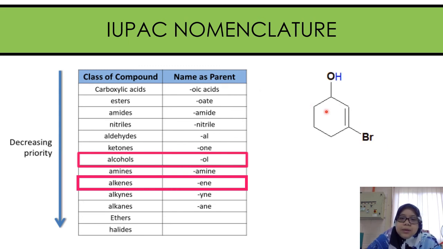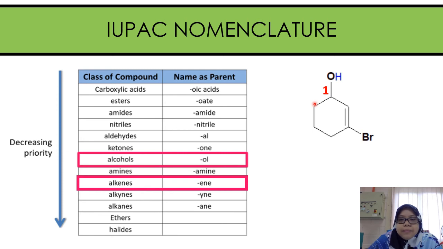Okay, how about this one? Same, we have a hydroxyl group, and then we have an alkene. Between hydroxyl and alkene, hydroxyl will act as our parent. So the first carbon is there. This one is the first carbon, this one is second, third, fourth, 5, 6. So we have 6 carbons in a ring, so cyclohexane.